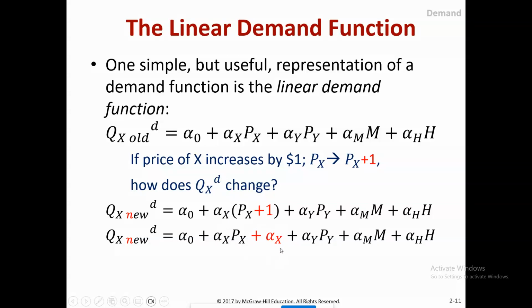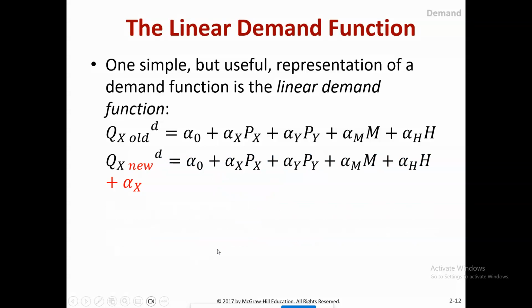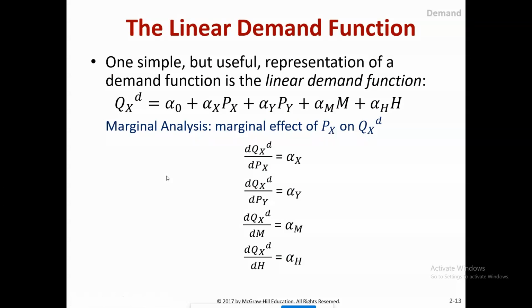We can say the change is alpha X. So alpha X, the coefficient, gives us the marginal effect of the variable of interest. When price of X increases by 1, quantity demanded for X increases by alpha X.